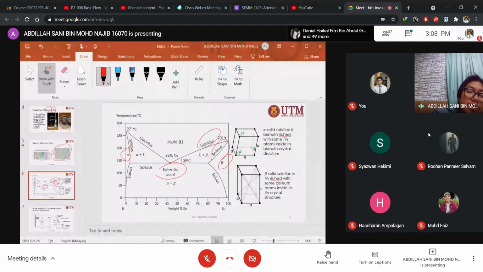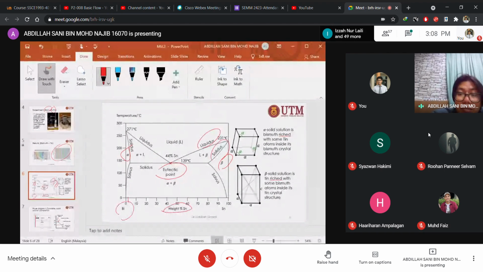For alpha, you see that this is the weight of the tin going here, so the content of the tin is very little, and the content of bismuth is abundant.